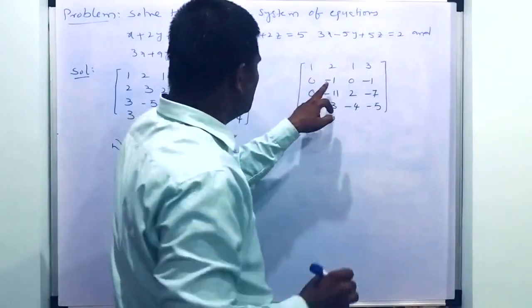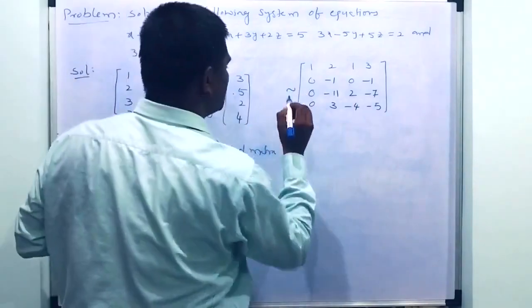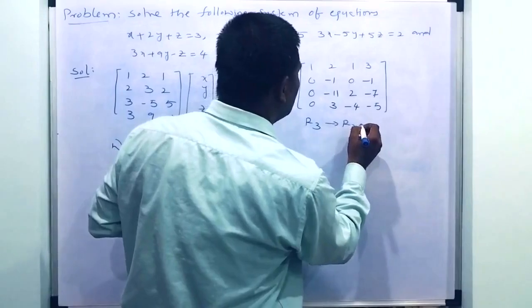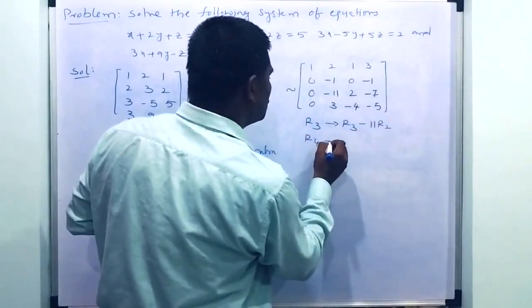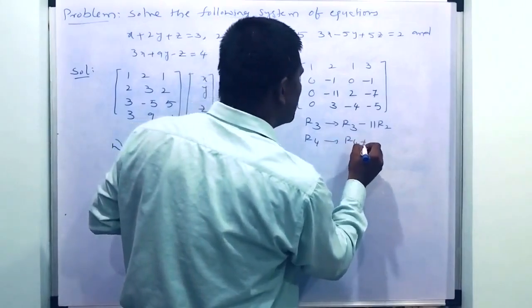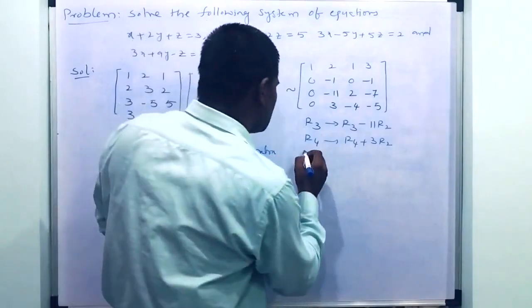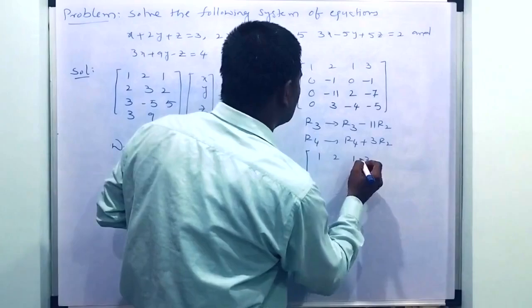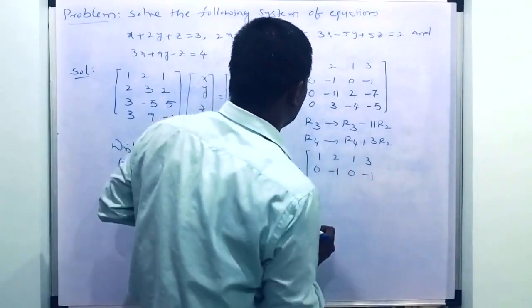Now, use this element and make these two elements 0. This is equivalent to R3 goes to R3 minus 11R2 and R4 goes to R4 plus 3R2. No change in the first two rows, which is equivalent to 1, 2, 1, 3; 0, -1, 0, -1.